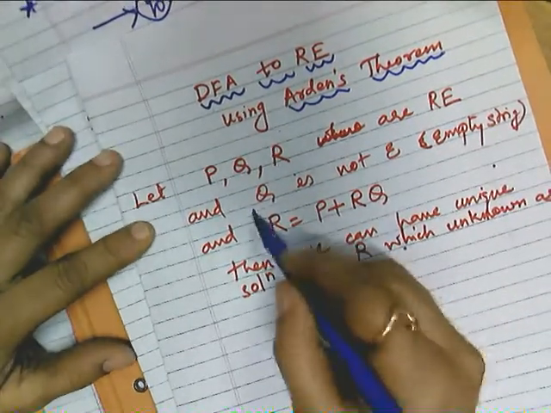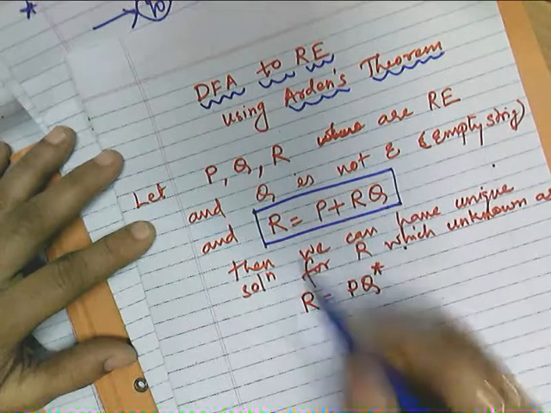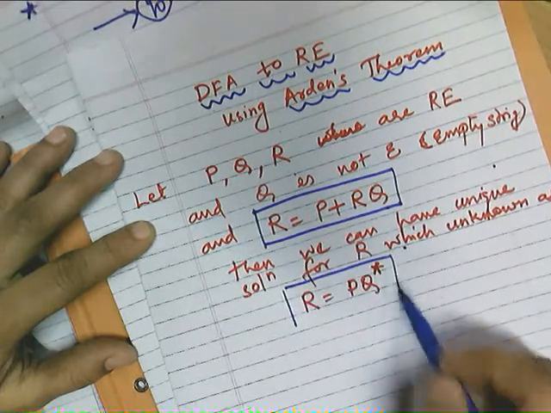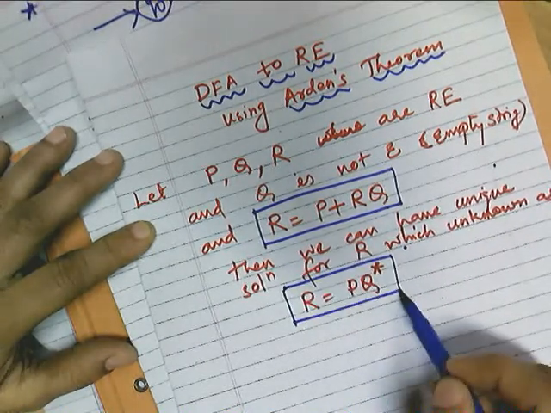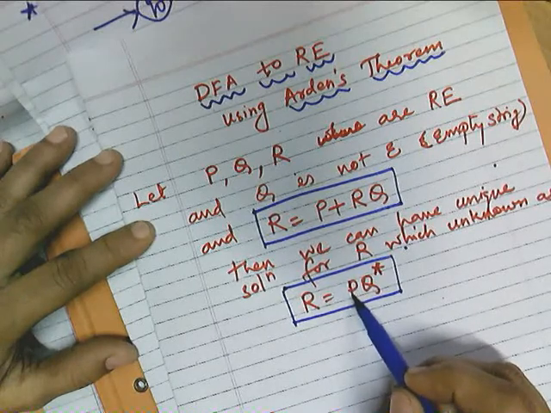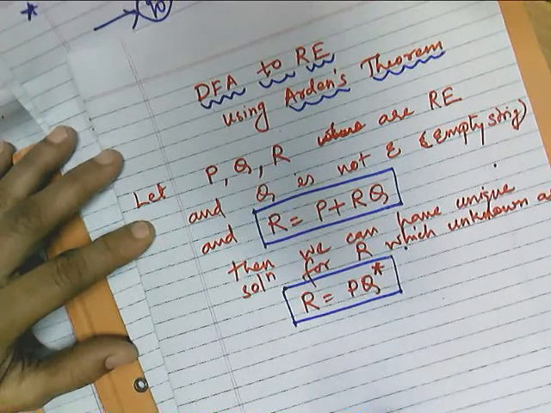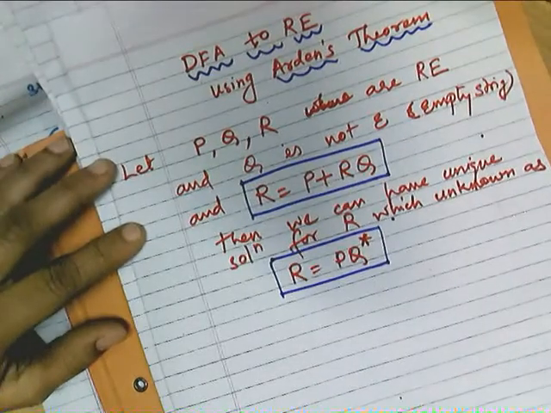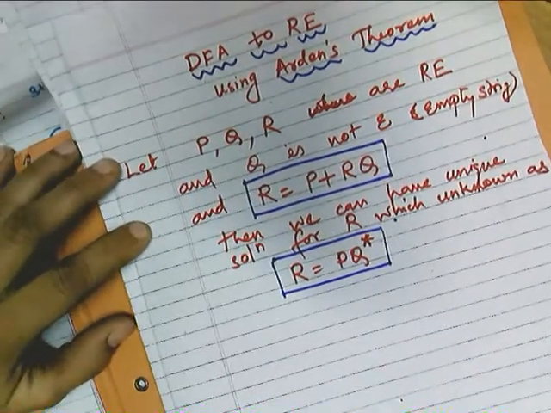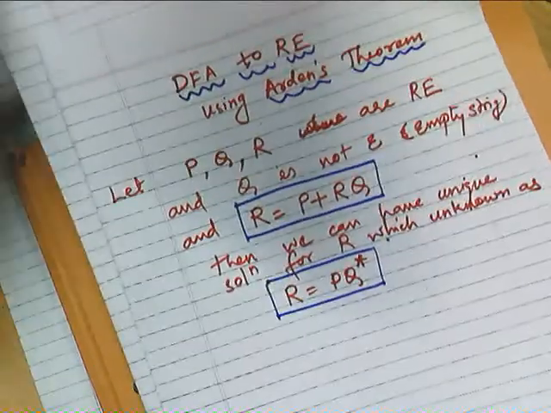So if your equation is in this form, then you can find the solution for R where you know the P expression, RE, and Q RE expression. Now we will directly discuss the problem.